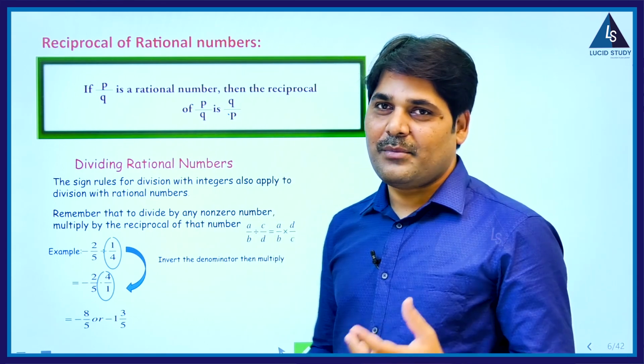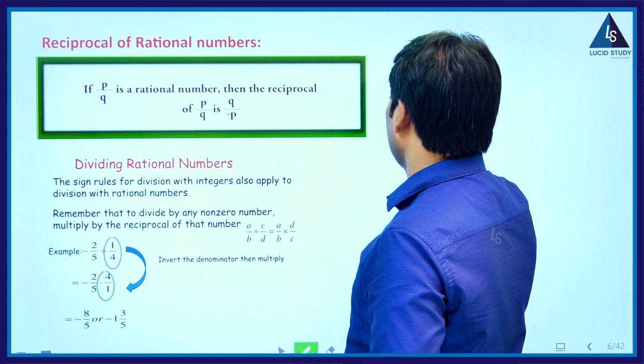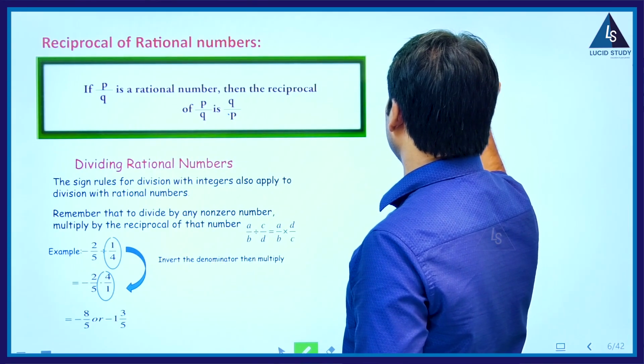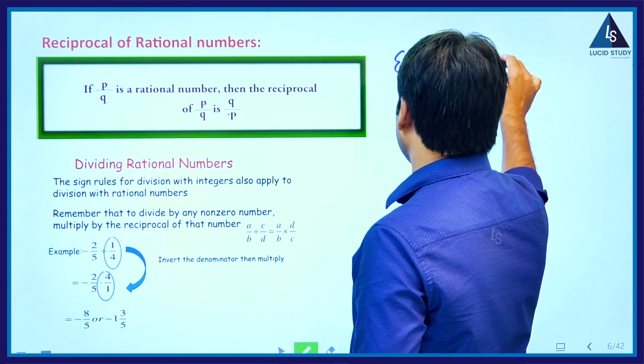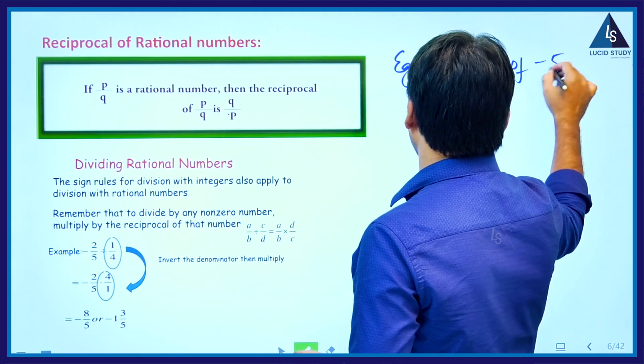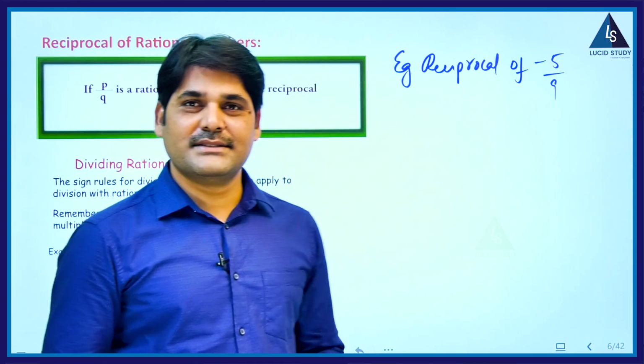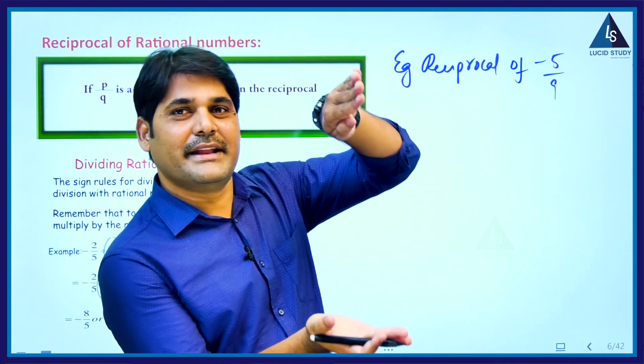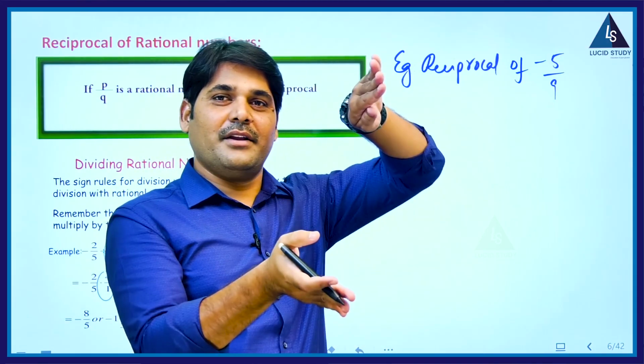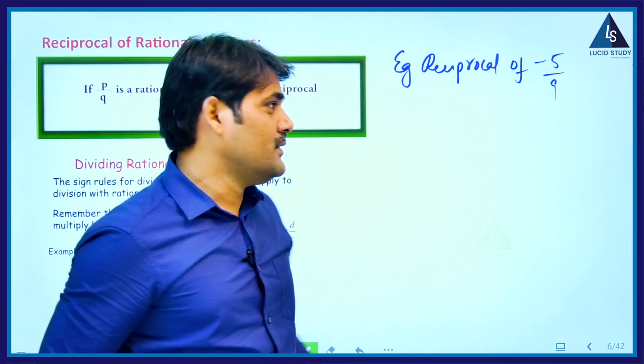Suppose for example, what is the reciprocal of minus 5 by 9? I told you to change the denominator into the numerator and the numerator into the denominator.